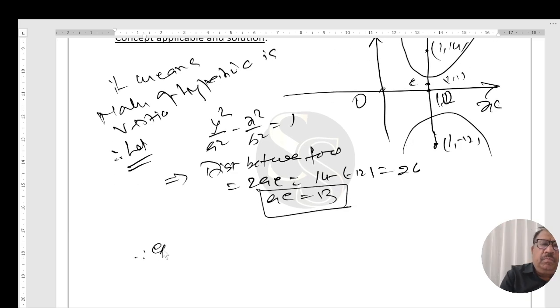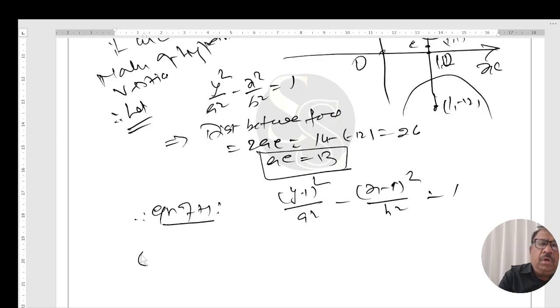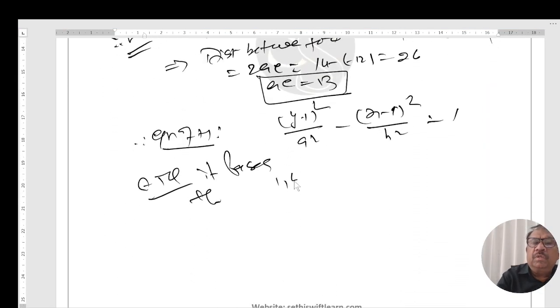Therefore, the equation of the hyperbola is (y minus 1) whole square upon a square minus (x minus 1) whole square upon b square equal to 1. Right? Now, according to the question, it passes through the point (1, 6). Therefore, this will be 25 by a square minus 0 equal to 1.